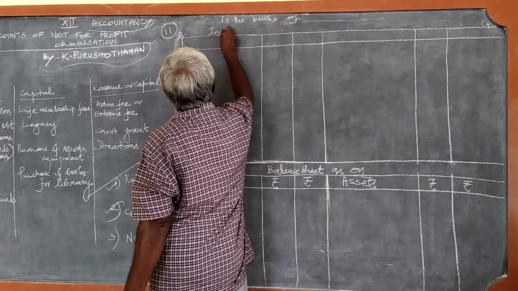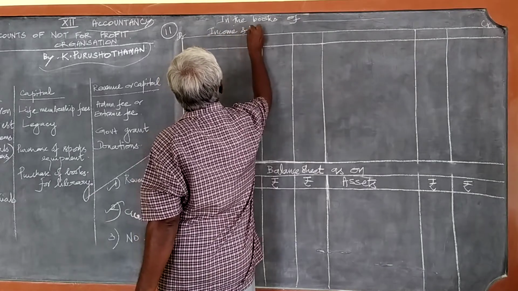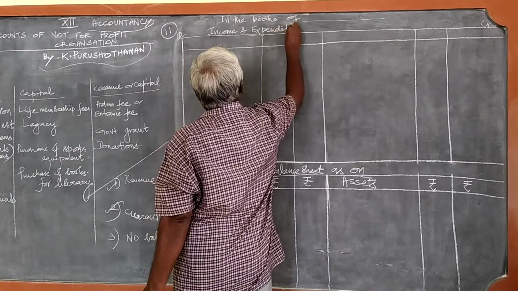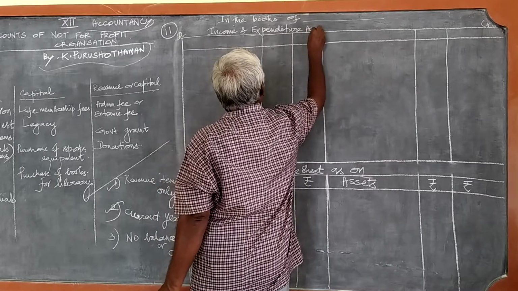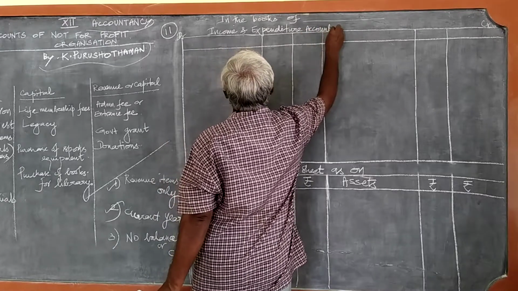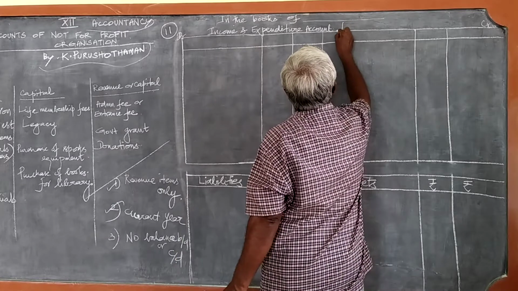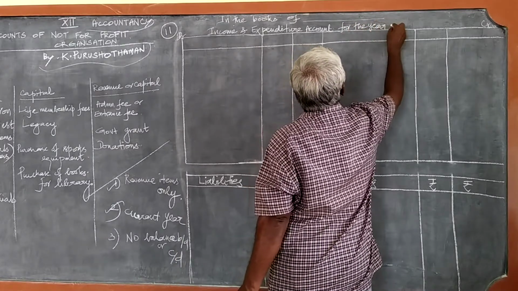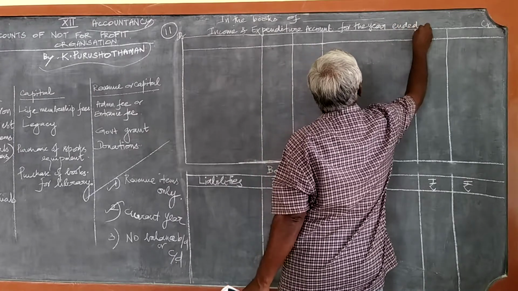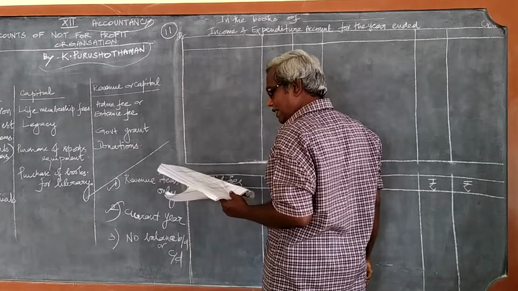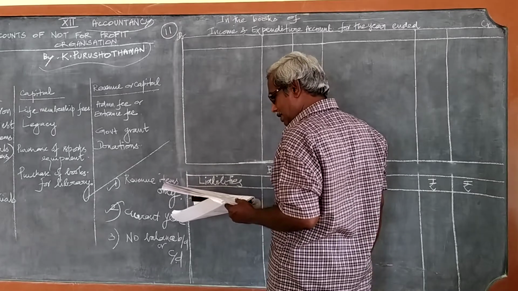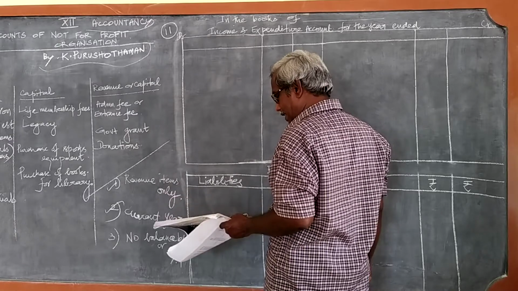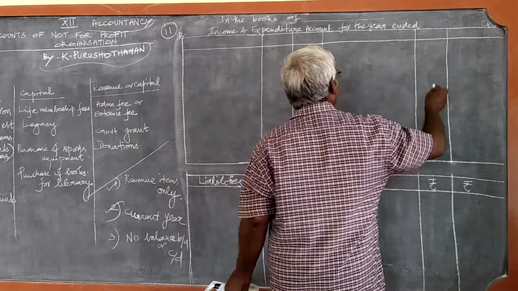Income and expenditure account for the year ended, the date is given for the year 2018, but under it there is a date given, 31/12/2018.